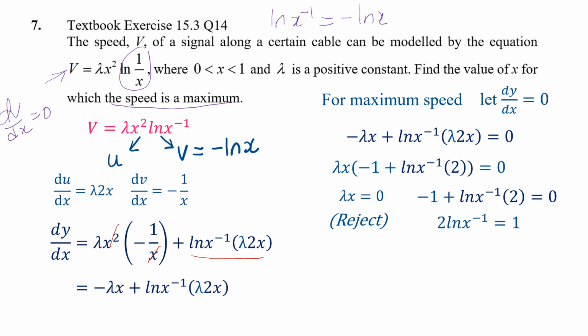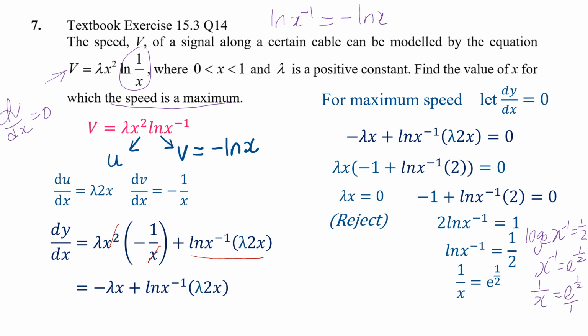Okay, you can simplify it further. How do I get that? Because ln is just basically log base e. So x to the power of negative 1 is just e to the power half, and x to the power negative 1 is 1 over x.